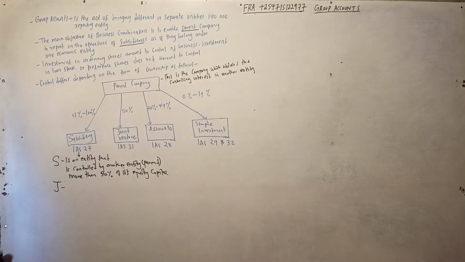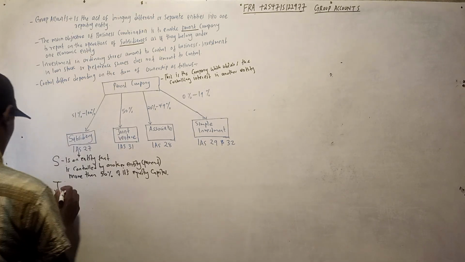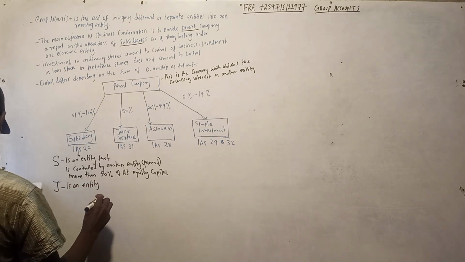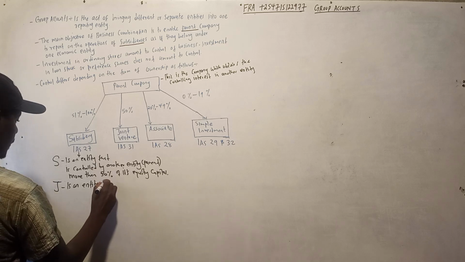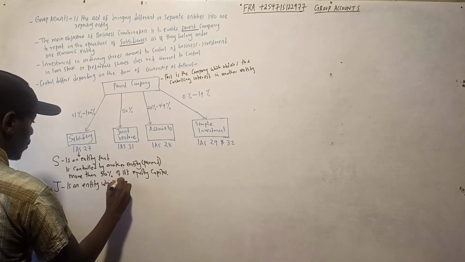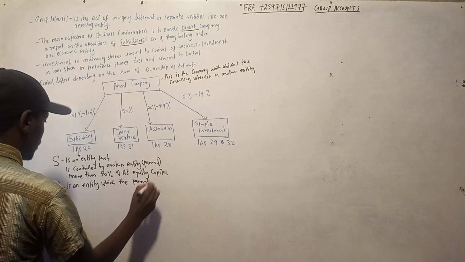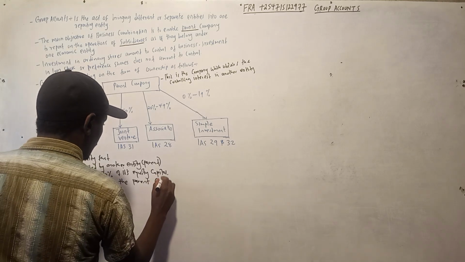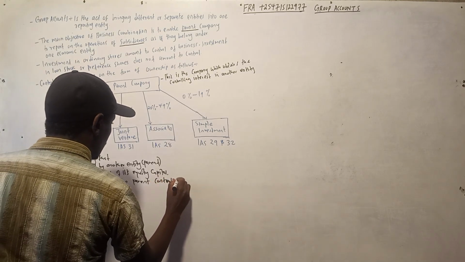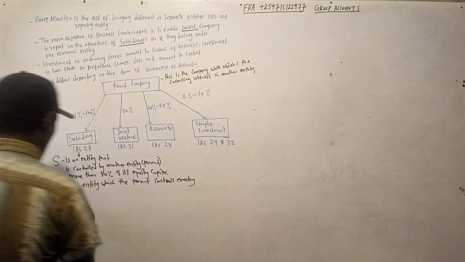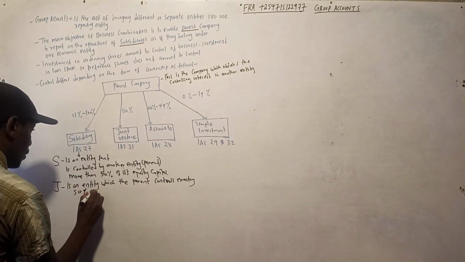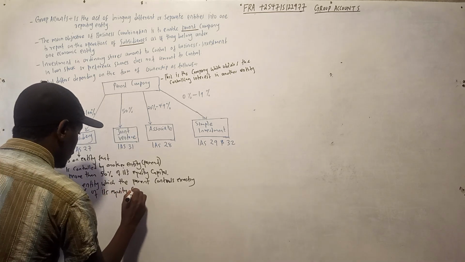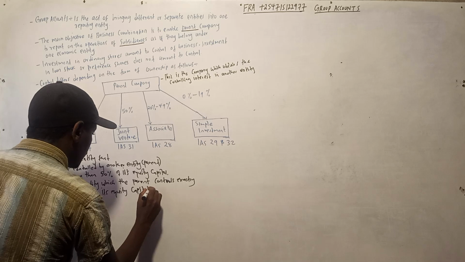We say it's an entity which the parent controls exactly 50% of its equity capital or the shares.